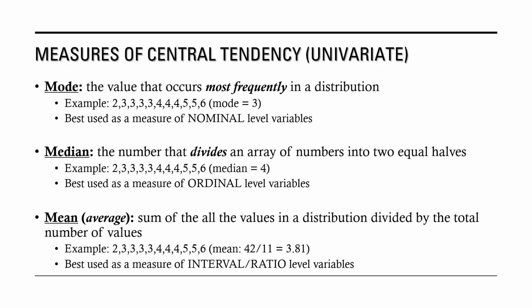And what you're going to want to do is you add them all together and divide by the total number of values, or the number of cases that you have. So in this case, you're adding your 2s, your 3s, and your 4s. You're going to come up with a number which is 42. Then you're going to divide this by 11. That's because that's the number of values that we have, or the number of cases. And our number that we come up with is a 3.81. So our mean or our average is 3.81.